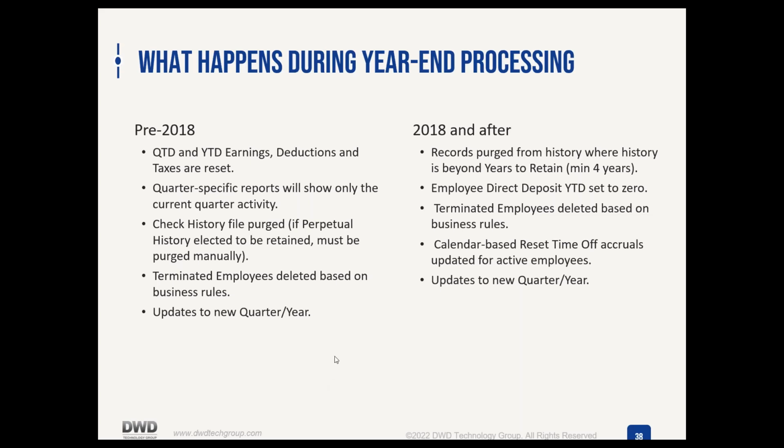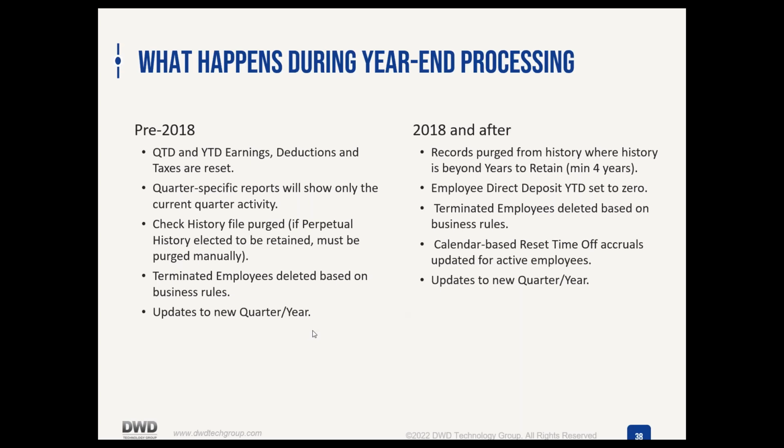If you purged out your check history file, or if you don't have the setting to maintain perpetual history, the check history file gets purged out. You could have purged that manually. Terminated employees would be removed based on the history setting for maintaining those terminated employees. And then, of course, you update into the new quarter and the year.